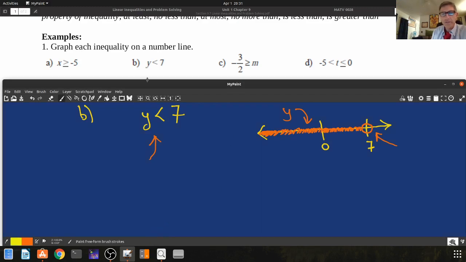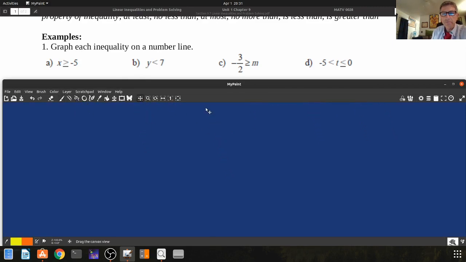Okay, so let's look at another example. So our next example is C. And we have minus 3/2 is greater than or equal to m.